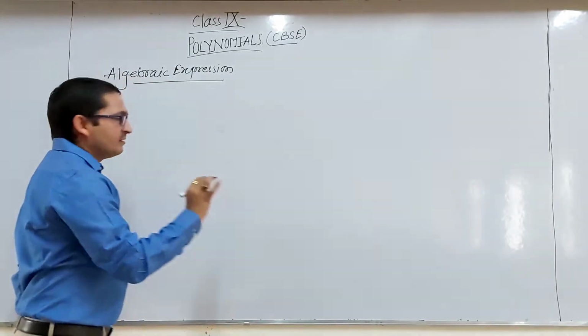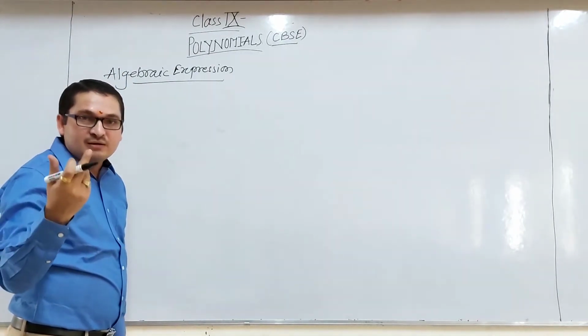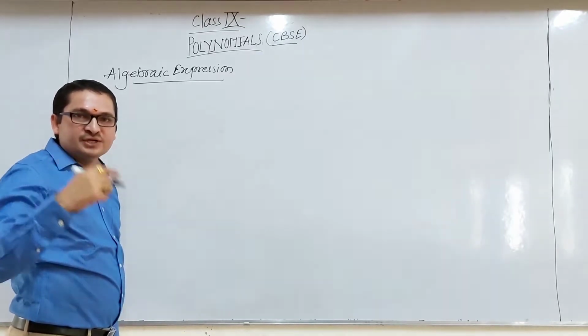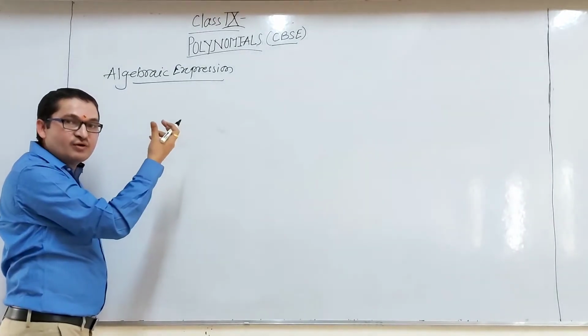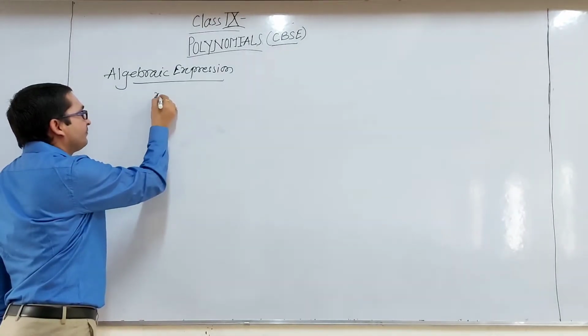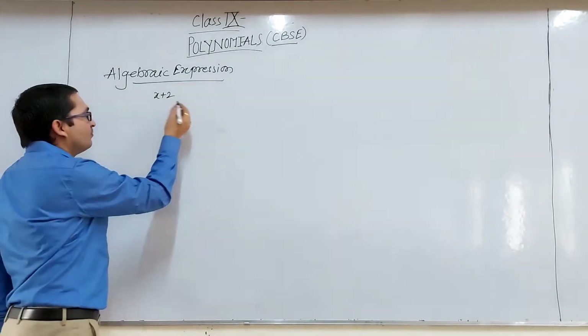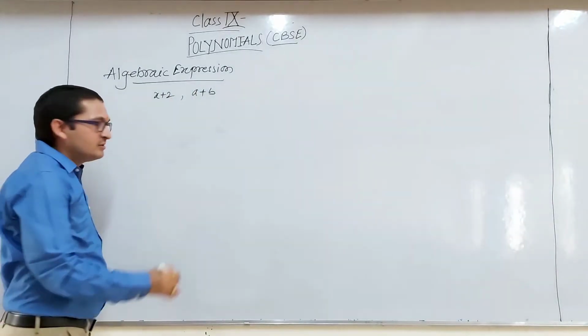Variable means what? Alphabet letters: X, Y, Z, A, B, C, D and so on. So, a combination of variable and constant. X plus 2 is an algebraic expression. A plus P, algebraic expression.